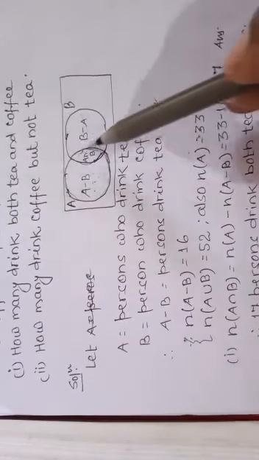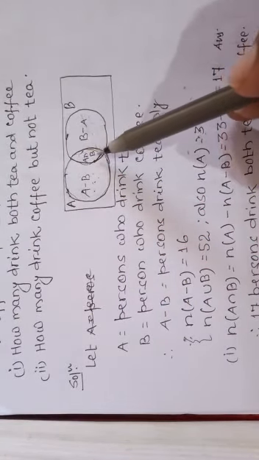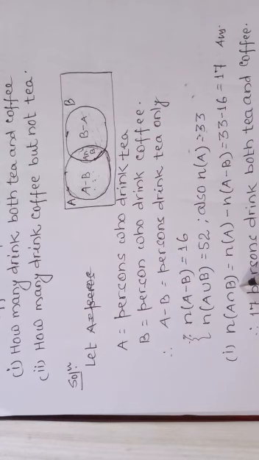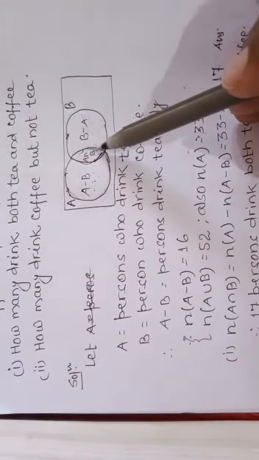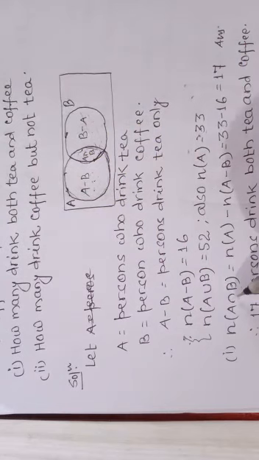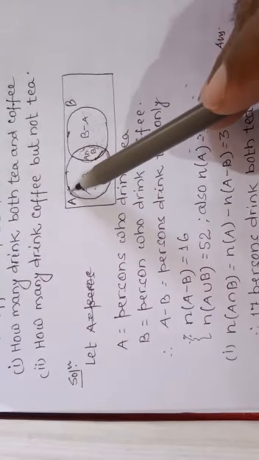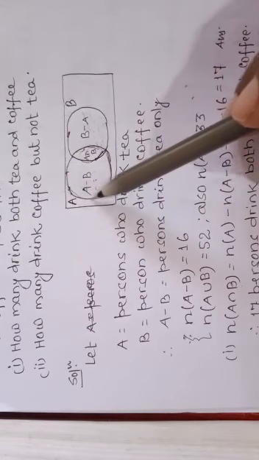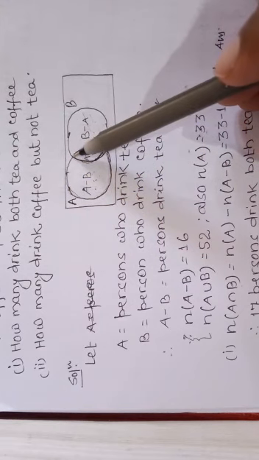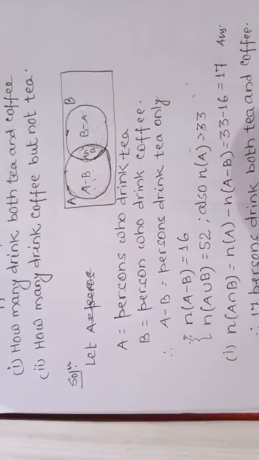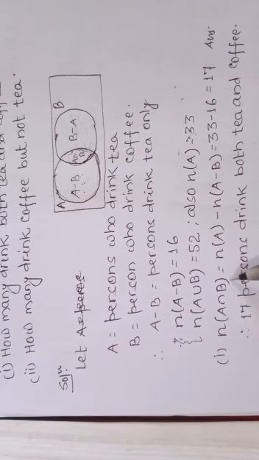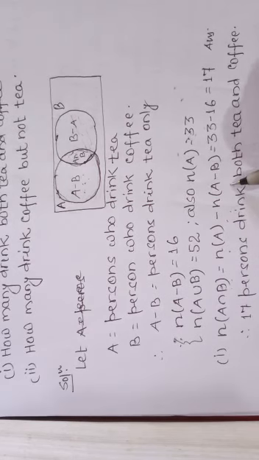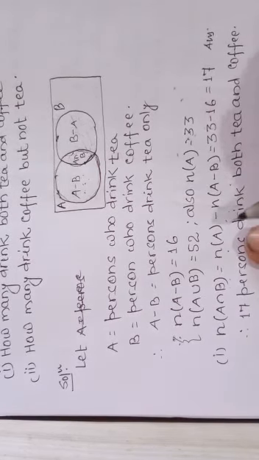Both tea and coffee means we have to find their intersection, the number of elements of A intersection B. So according to the figure, the number of elements of A intersection B is equal to the number of elements of A minus the number of elements of A minus B. What is given?